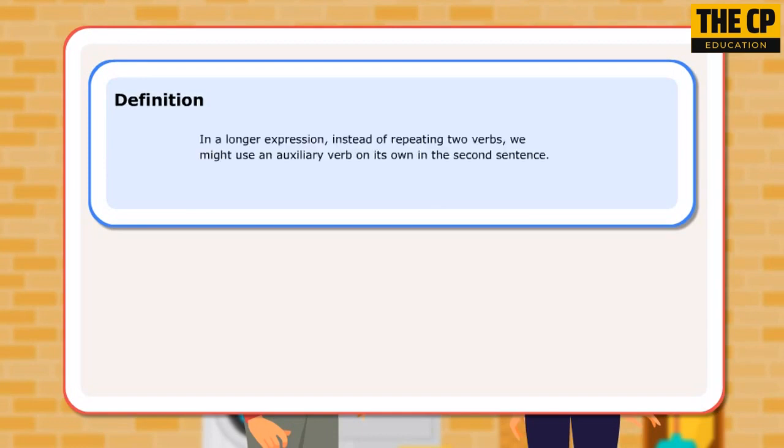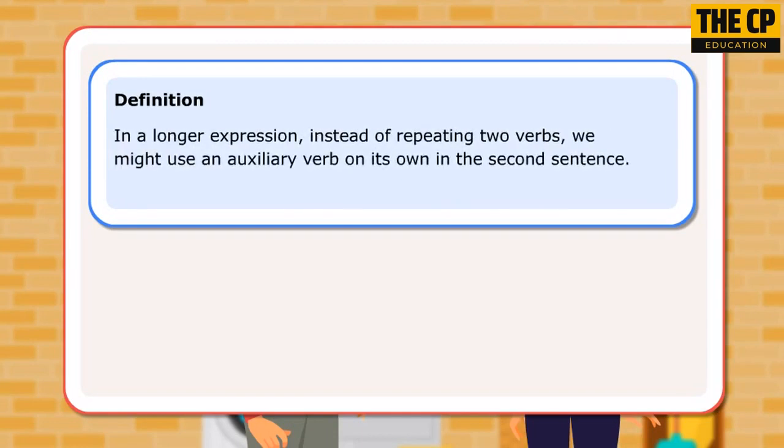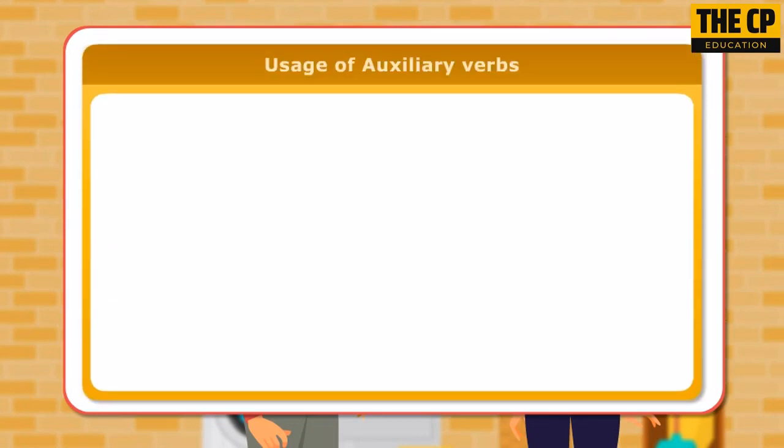Definition. In a longer expression, instead of repeating two verbs, we might use an auxiliary verb on its own in the second sentence. Usage of auxiliary verbs.